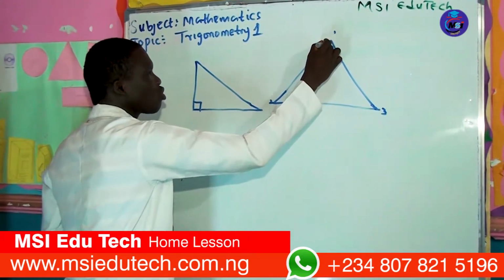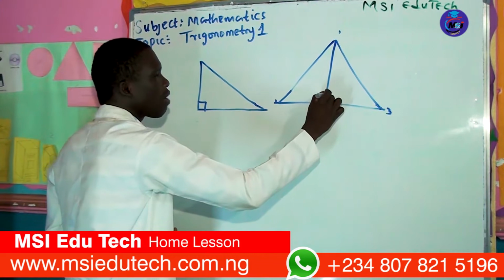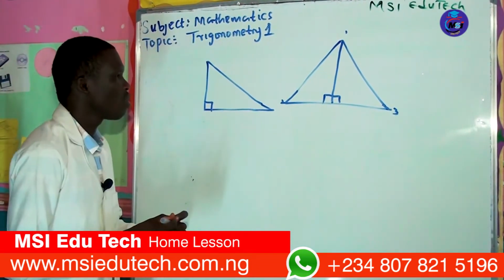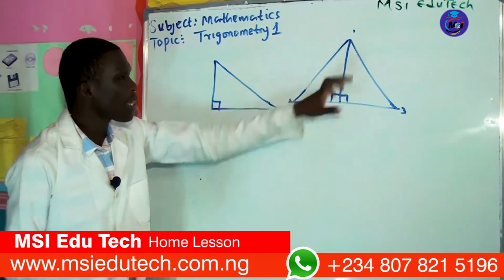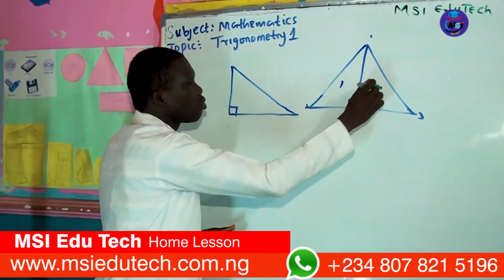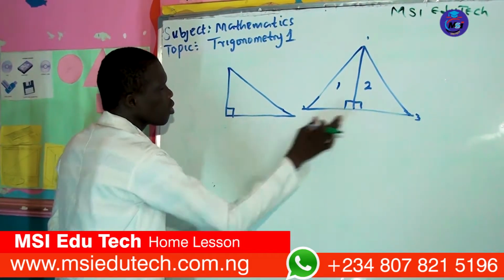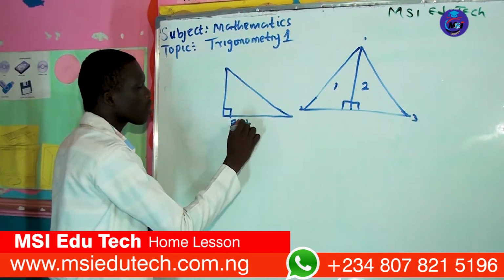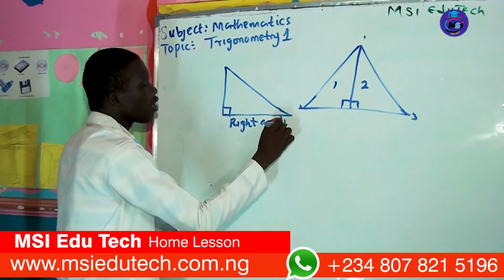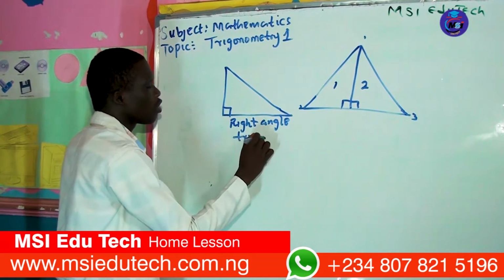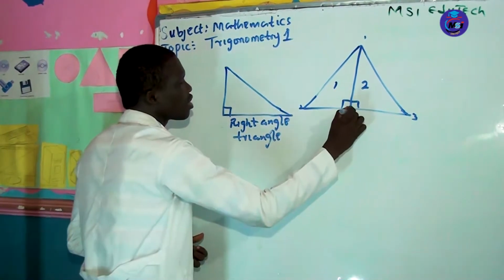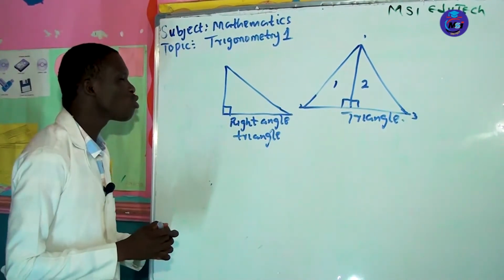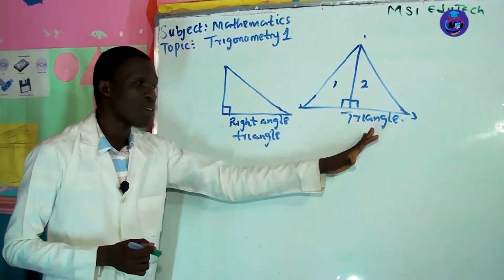If you divide it into 2, we have a right angle triangle and a right angle triangle. So we have 2 right angle triangles in a triangle.